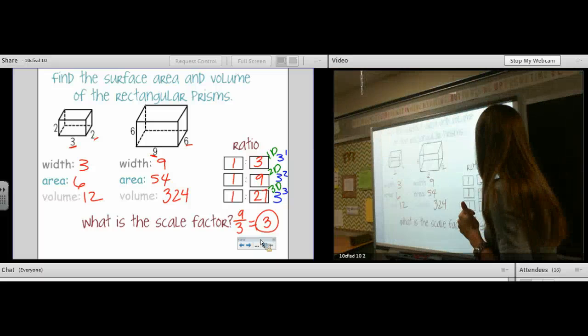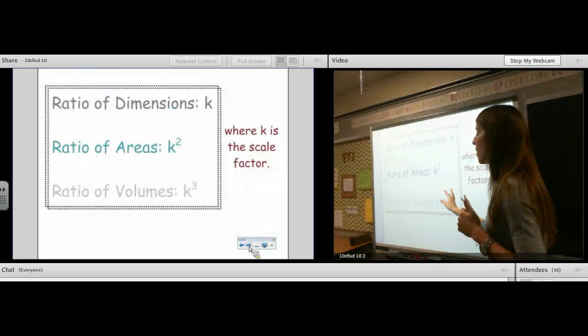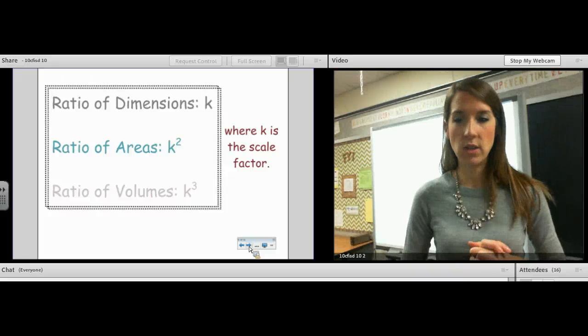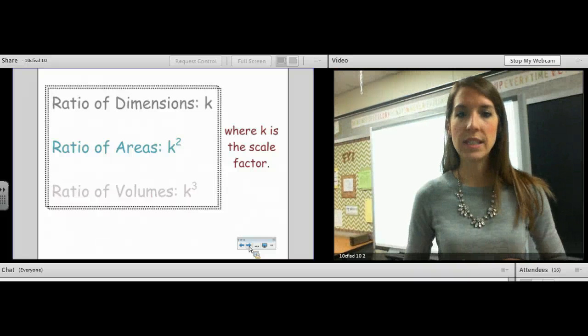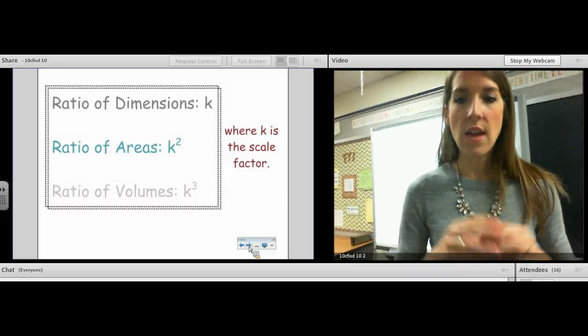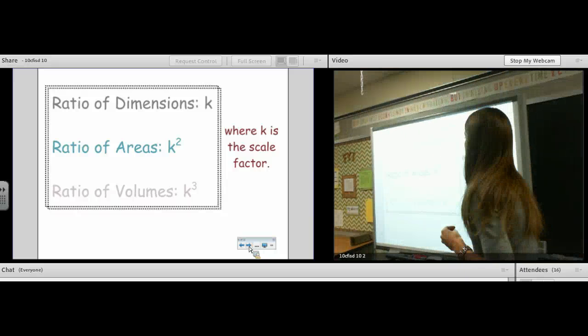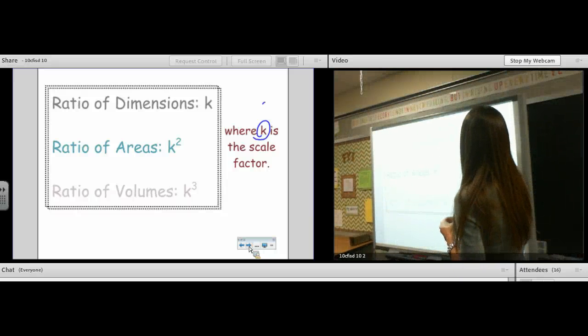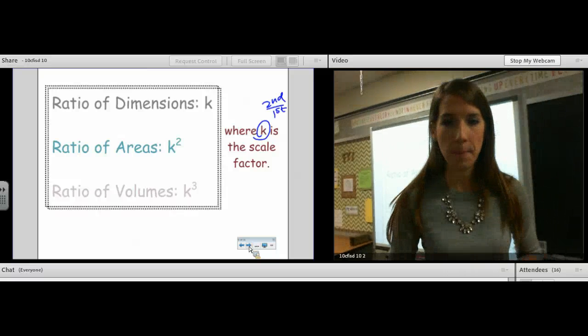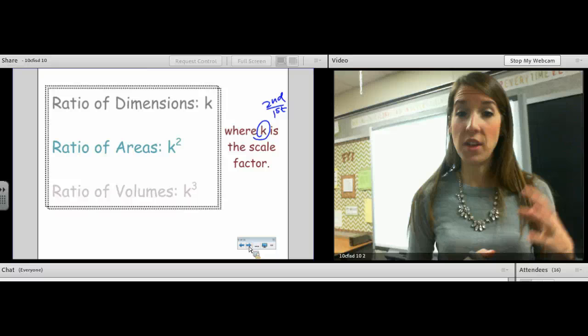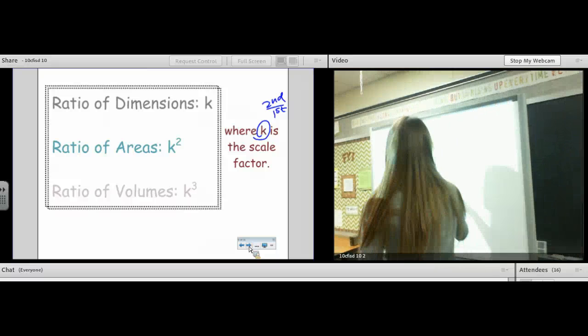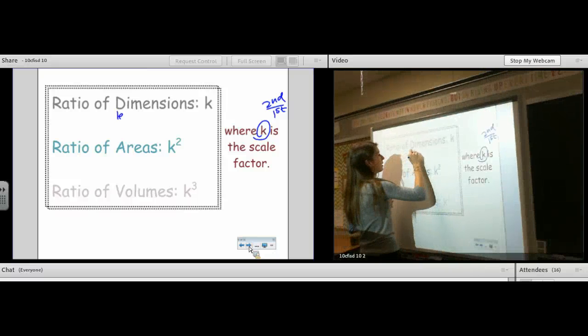All right, let's look at the summary slide. This is what you would write down on your notes if you take notes. This is today's lesson. If K is your scale factor, you've found your scale factor, second over first, and your scale factor is K, then the ratio of the dimensions, let me give you an example of dimensions.